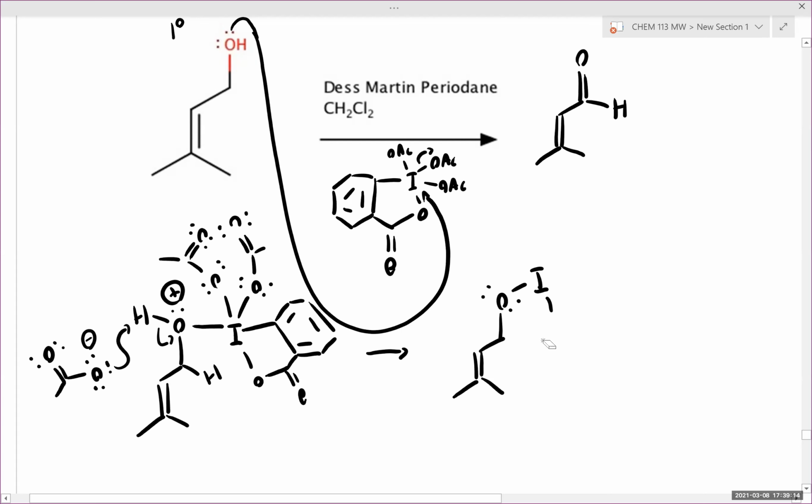Trying to get the geometry just right here, because we have our hydrogen. So I'm drawing out this structure somewhat provocatively, so that we can easily draw out the key step for this Dess-Martin periodinane oxidation.